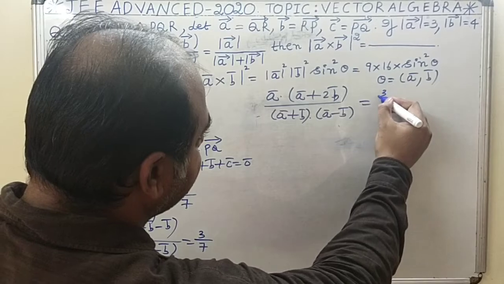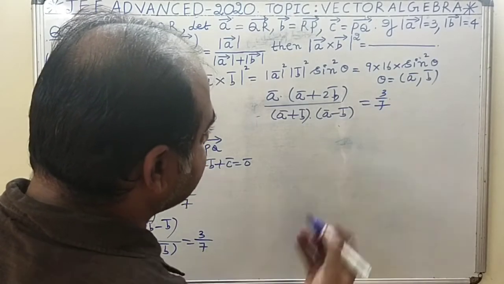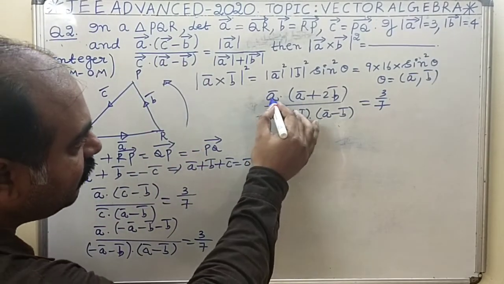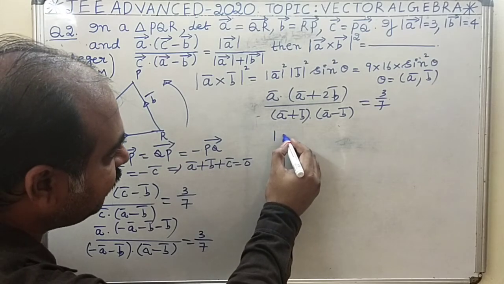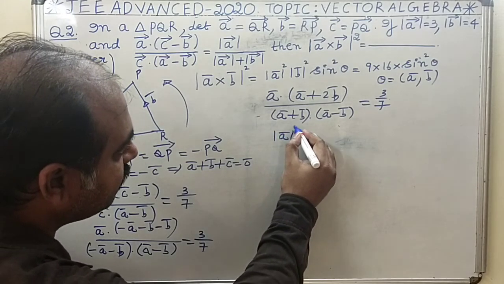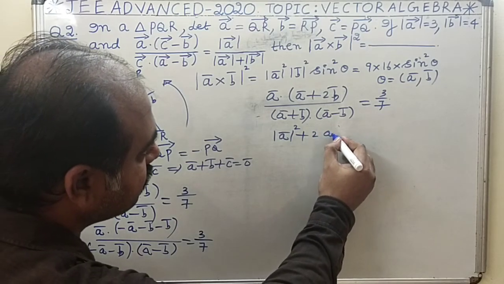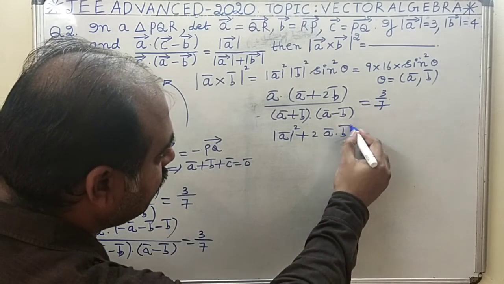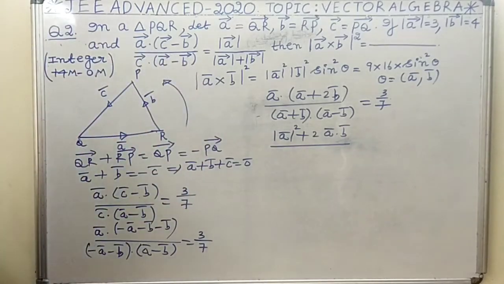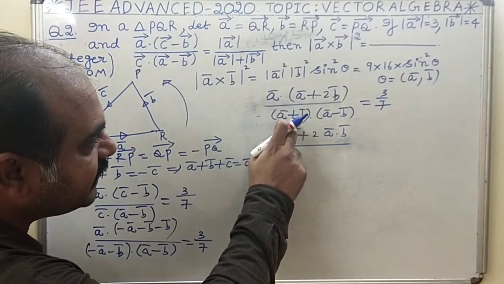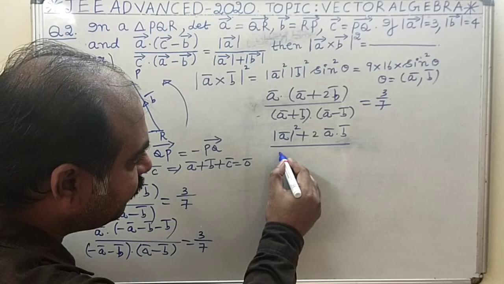This is 3 divided by 7. Now A bar dot A bar is what? Modulus A bar whole square, plus 2 into A bar dot B bar, divided by A bar plus B bar dot A bar minus B bar.